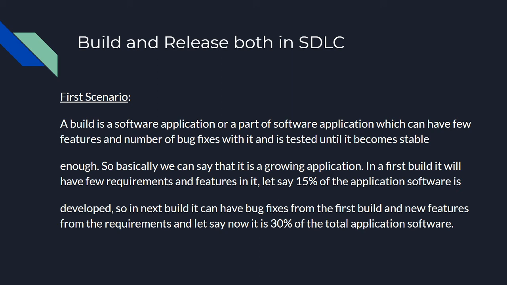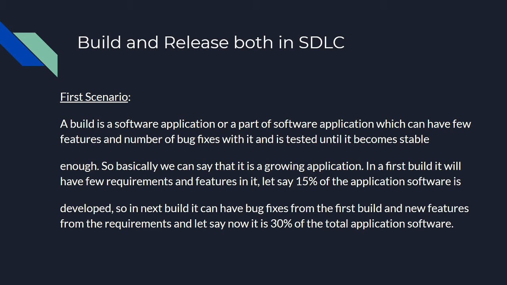Let's say the first build will have few requirements and features developed, and let's say 15% of the software application is developed from the requirements, and after testing it there will be a number of issues and bugs which should be fixed by the development team.